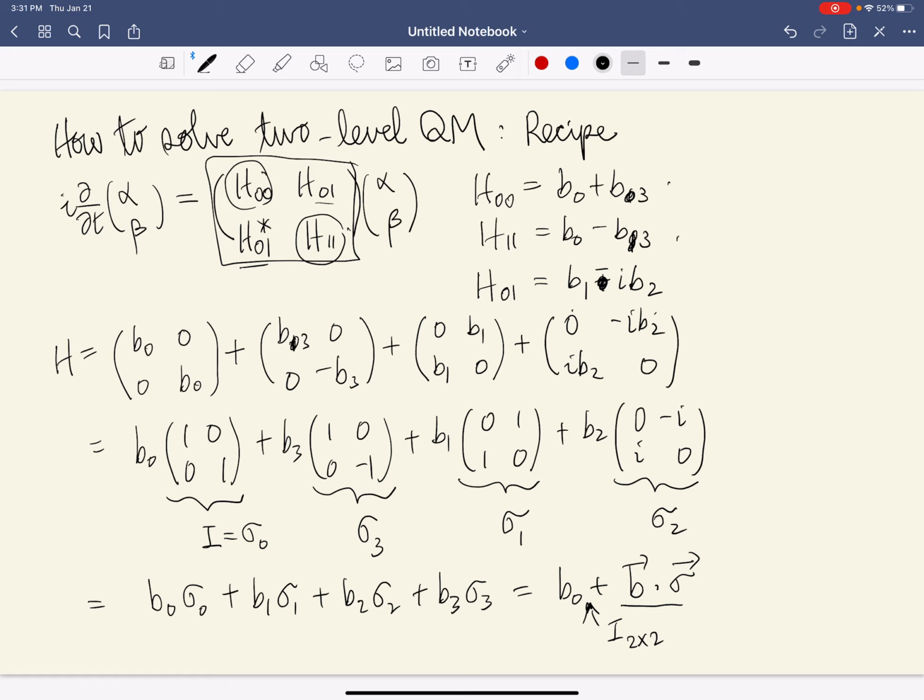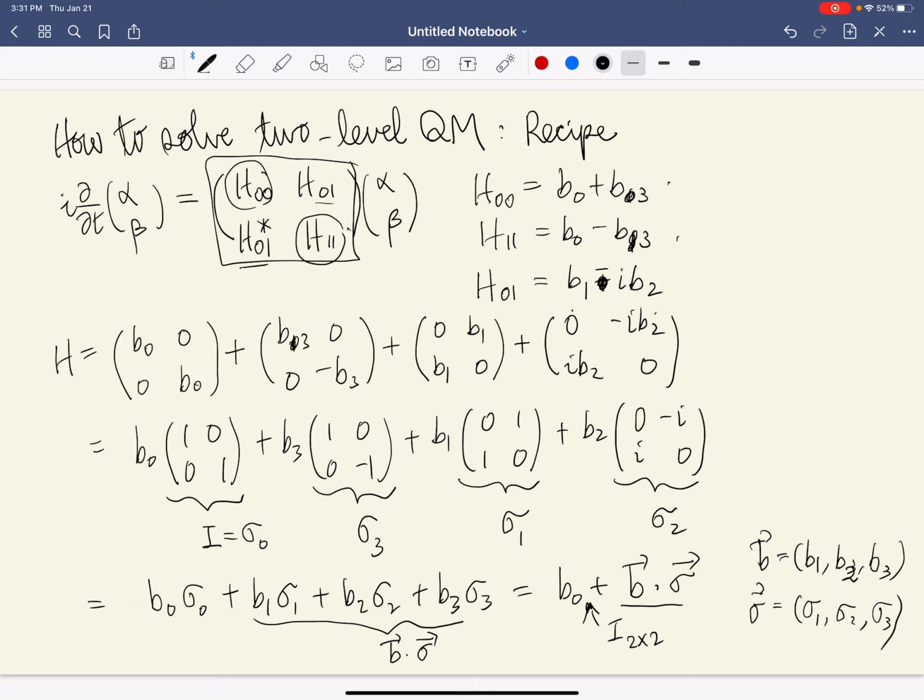And this b dot sigma is just a way of simplifying this notation, this sum of the products, as if we have a b vector consisting of these three numbers, b1, b2, b3, and this vector of matrices, sigma 1, sigma 2, and sigma 3.